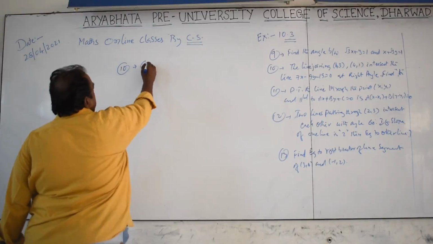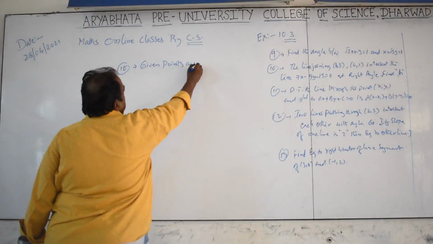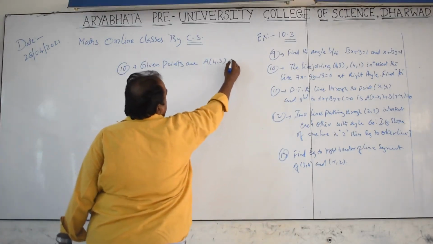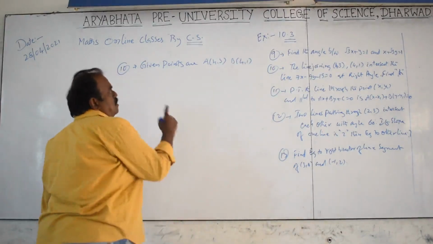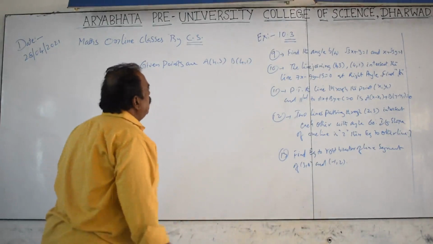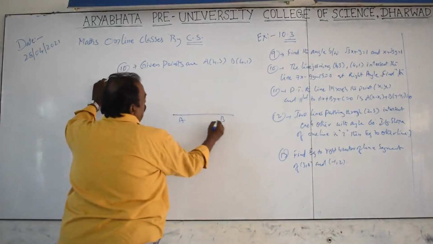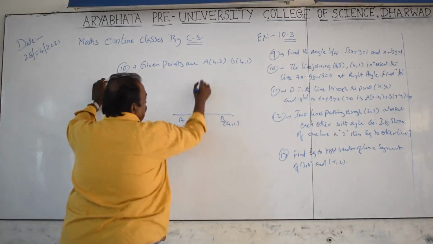Given points. What are the given points? Say capital A, h comma 3, capital B, 4 comma 1. The h is a variable. Suppose it is A, B, h comma 3, 4 comma 1.